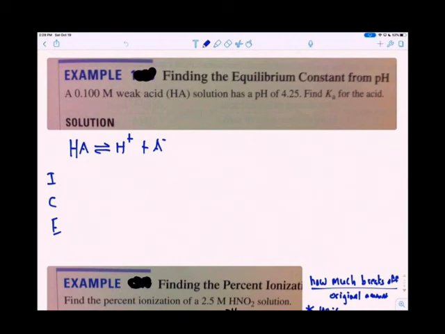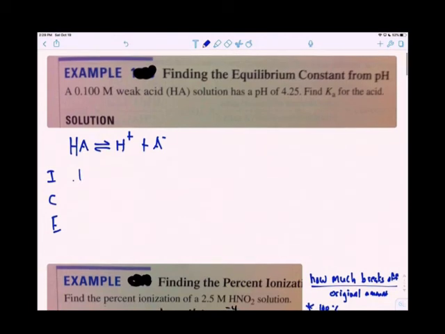And I've tried to get you to think this way quite a bit with an ICE chart. So if it's 0.1 molar and this is 0, 0, we shift right. So minus x, plus x, plus x, you have 0.1 minus x, x, and x.